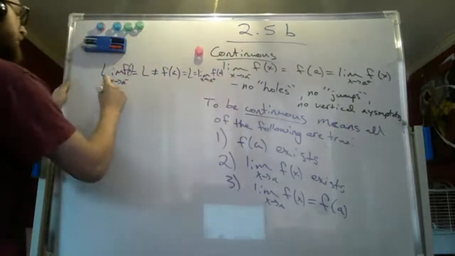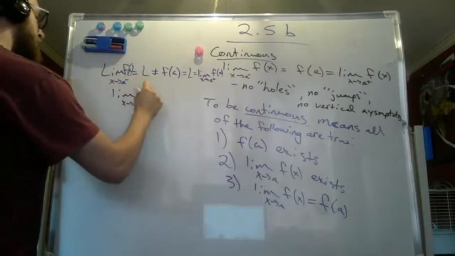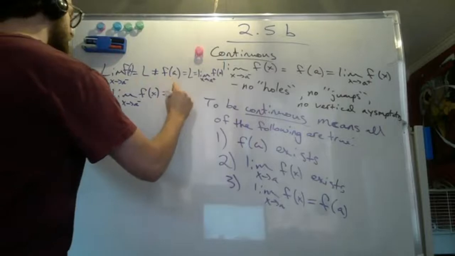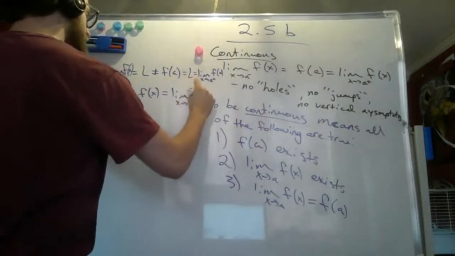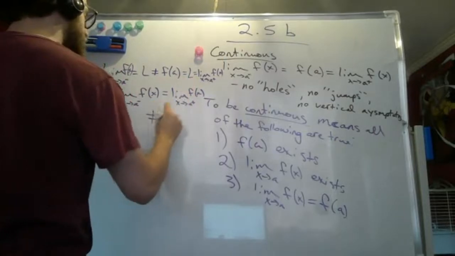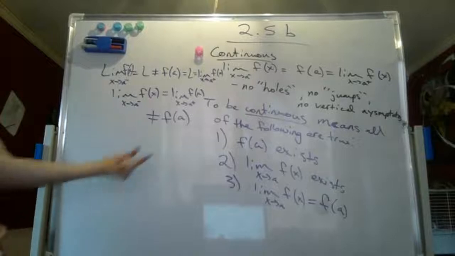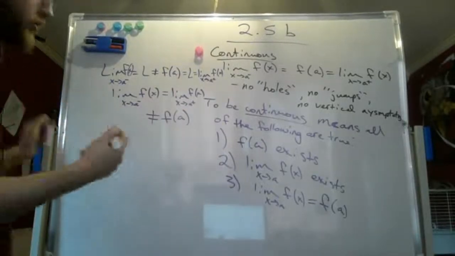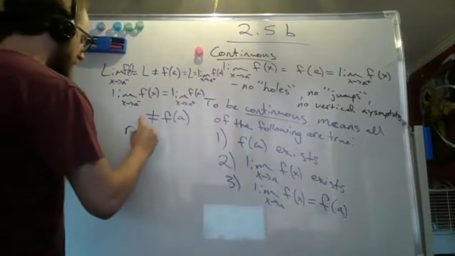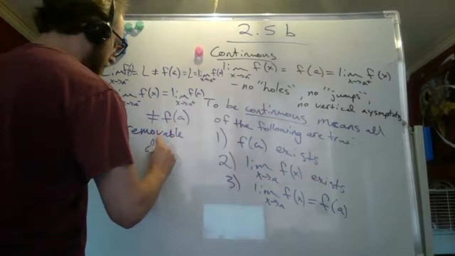So in this example, the limit from the left and right sides equal each other, but they don't equal what f of a actually is. They don't equal the point the function actually is. This is an example of what's called removable discontinuity.